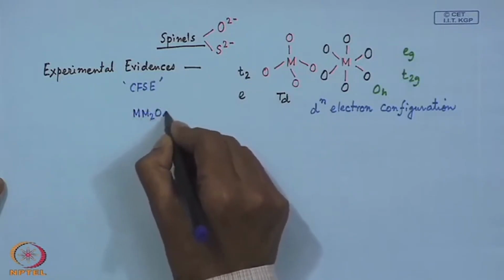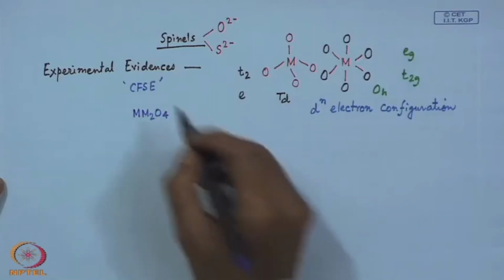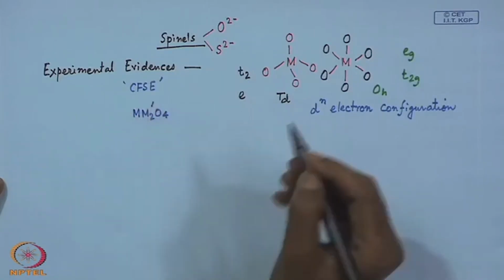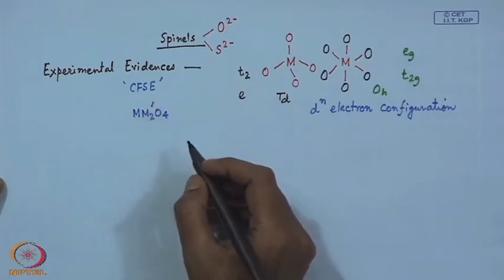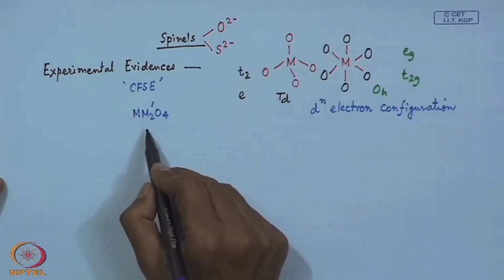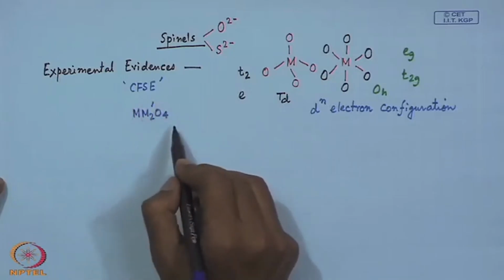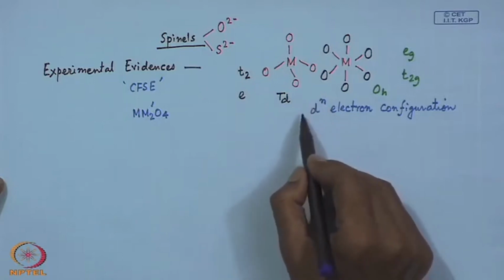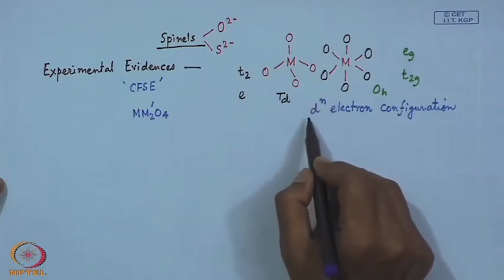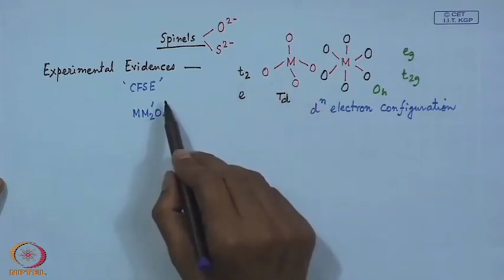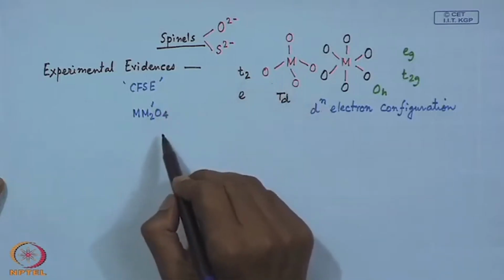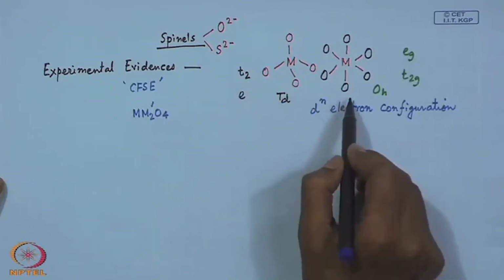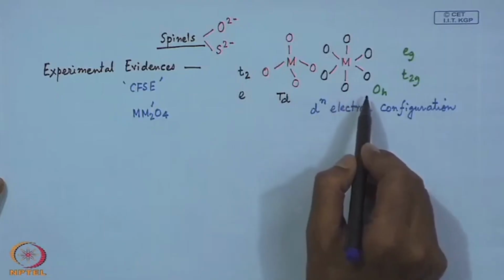M'2MO4 type of formula, where M is the corresponding bivalent metal ion and M prime is the trivalent metal ion. So, when we put these bivalent and trivalent metal ions, what we know already is that depending upon their different electronic configurations, we can have the corresponding CFSE for these electron configurations in these two geometrical forms.